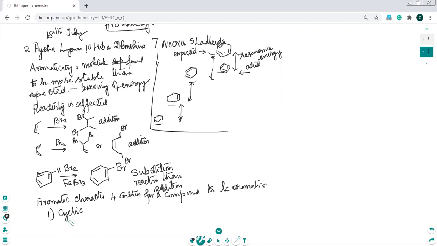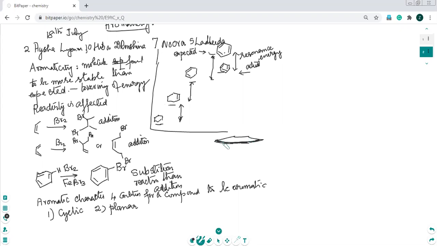Second condition, it should be a planar compound. The molecule should be planar. I have already shown you the structure of the benzene ring. You remember this? The figure which we have drawn. This is the benzene ring.